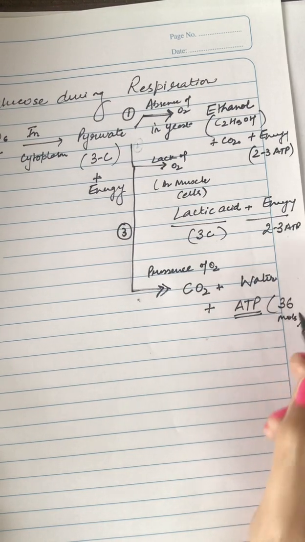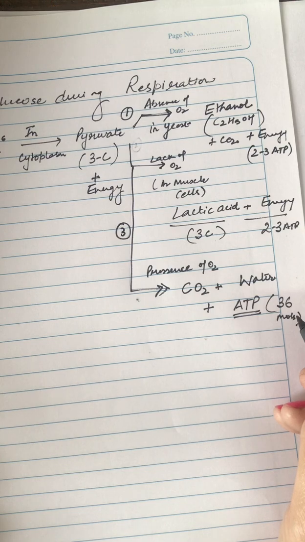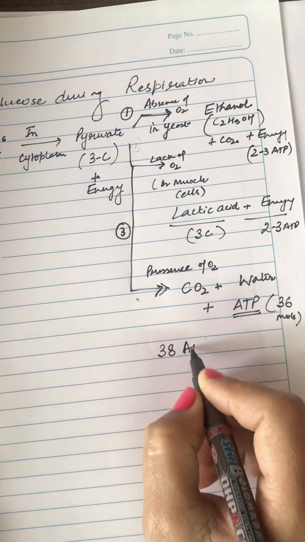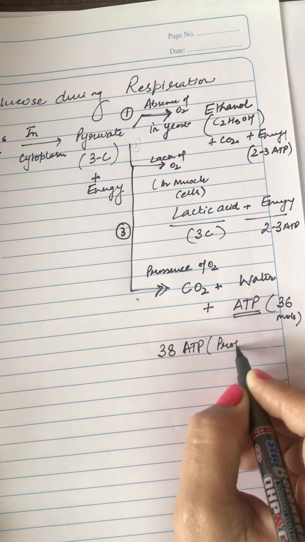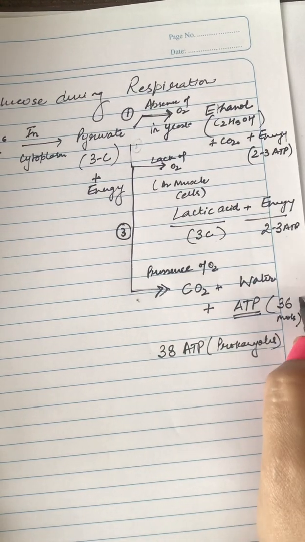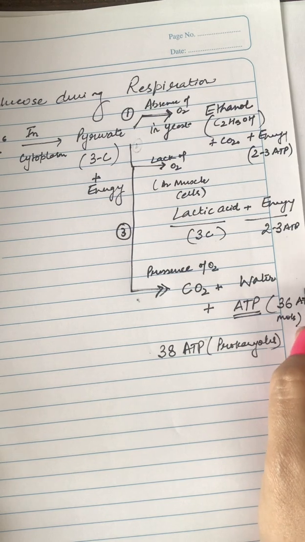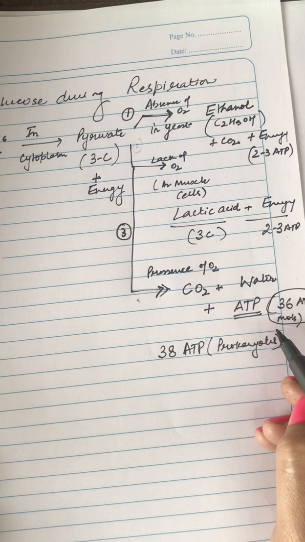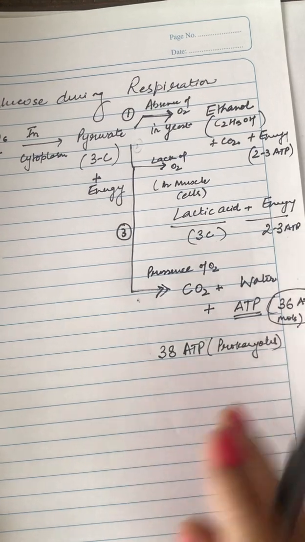I'm not writing 38 molecules because 38 is in prokaryotes. And 36 ATP molecules in eukaryotes. Why? 2 ATP molecules are used up in the converting process.